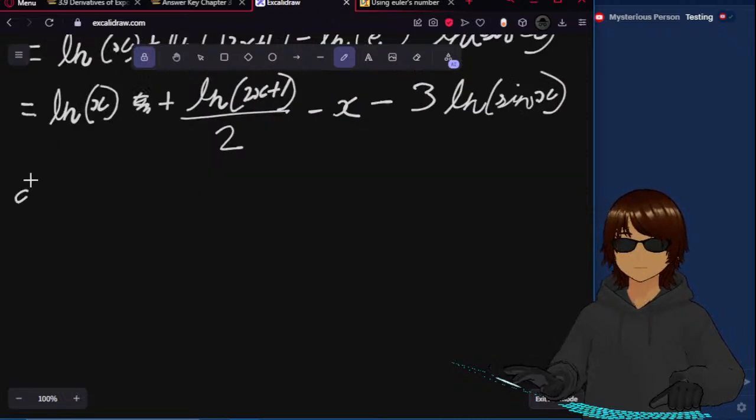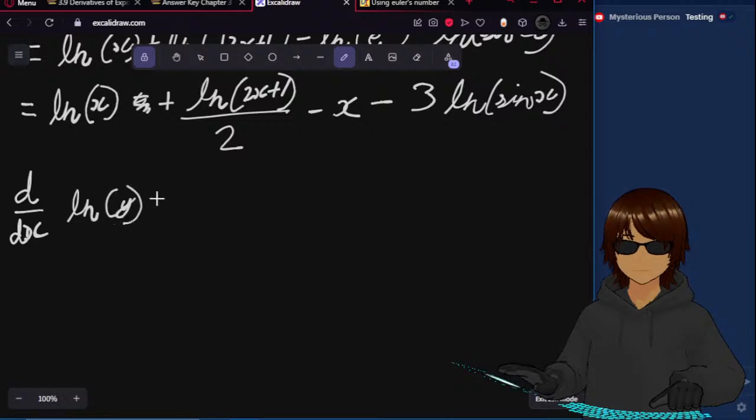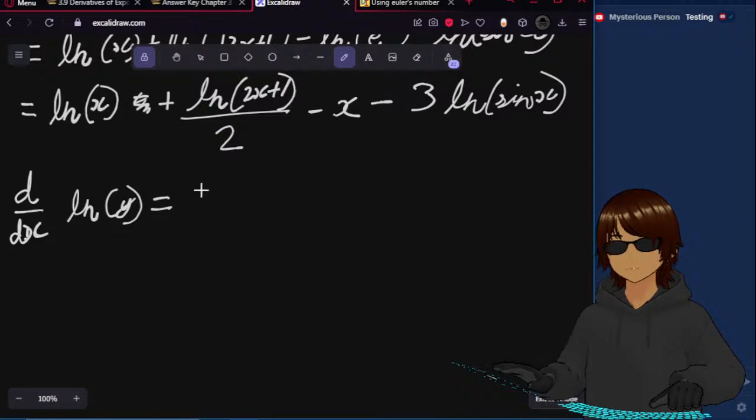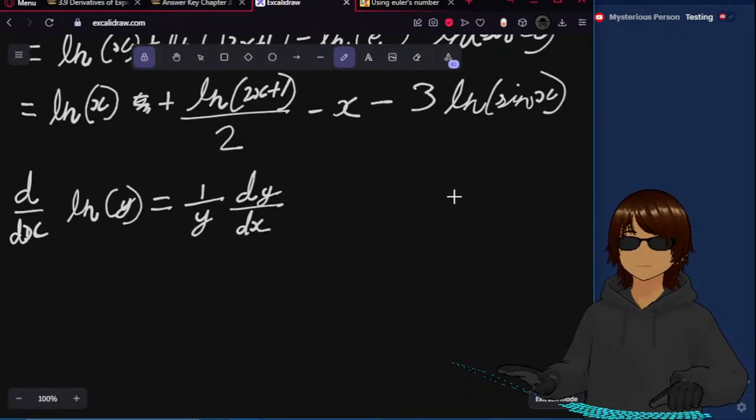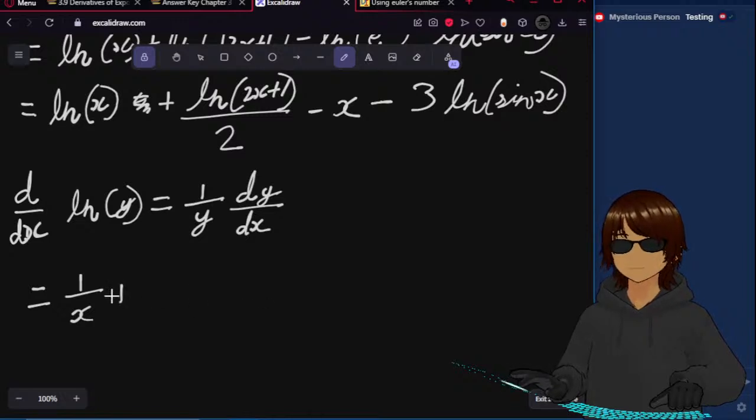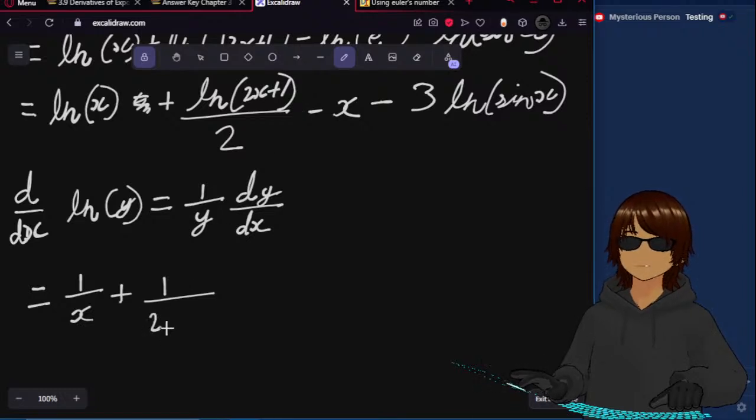If I derivate, derivative of the outside times the inside, and then this is equal to derivative of ln of x is 1 over x, plus it with derivative of ln 2x plus 1 is 1 over 2x plus 1.